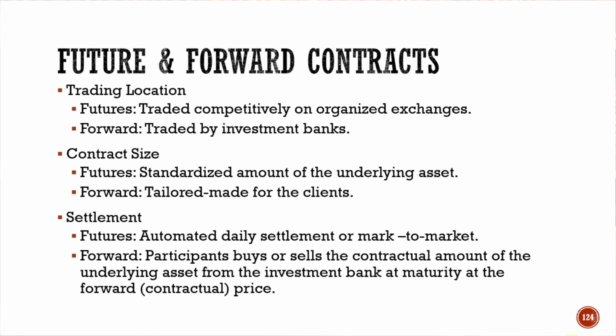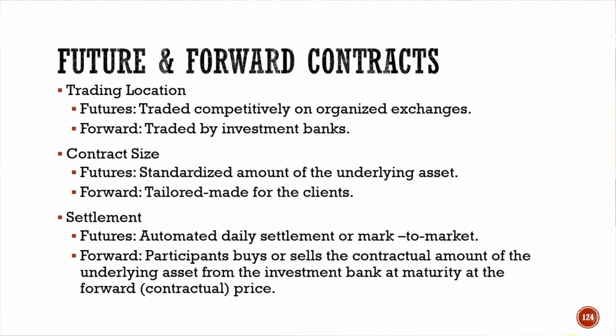Now, futures typically have a set date. Typically, it's the third Friday of each month. And when it comes to currencies, and this is really what we're talking about, currencies and interest rates, how it's settled is that it's mark to market, which means that you have an account that is funded and money will be added to that account and money will be withdrawn from that account on a daily basis.